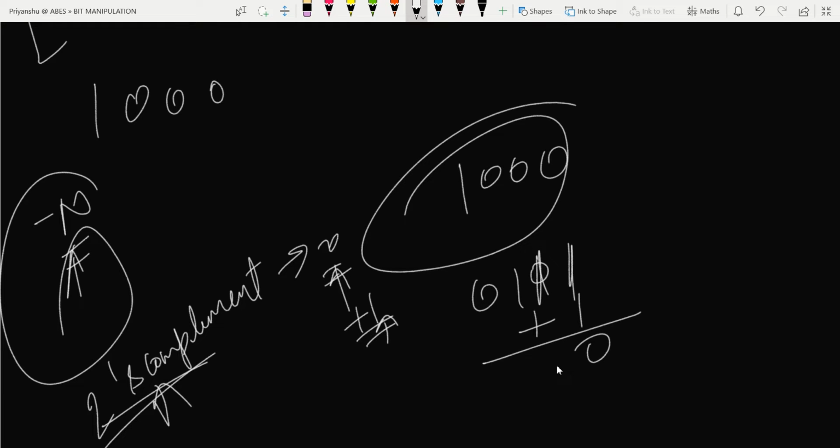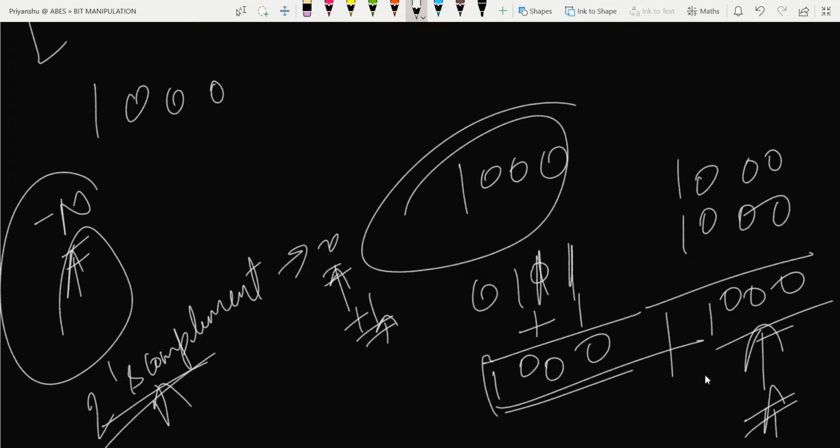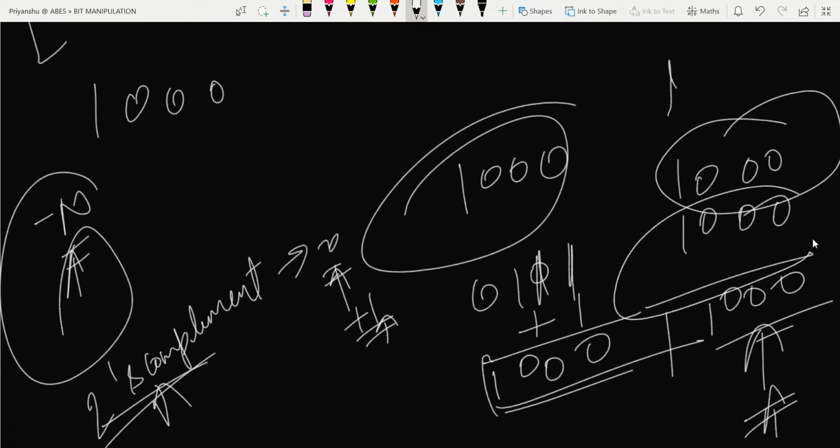So it would be 0 0 0 and 1. So it would be this one. And if we take AND of this one and this one, it would be this one only. So the rightmost set bit value would be this one. So we can analyze now. If we subtract this from this, we get our n value as 0.